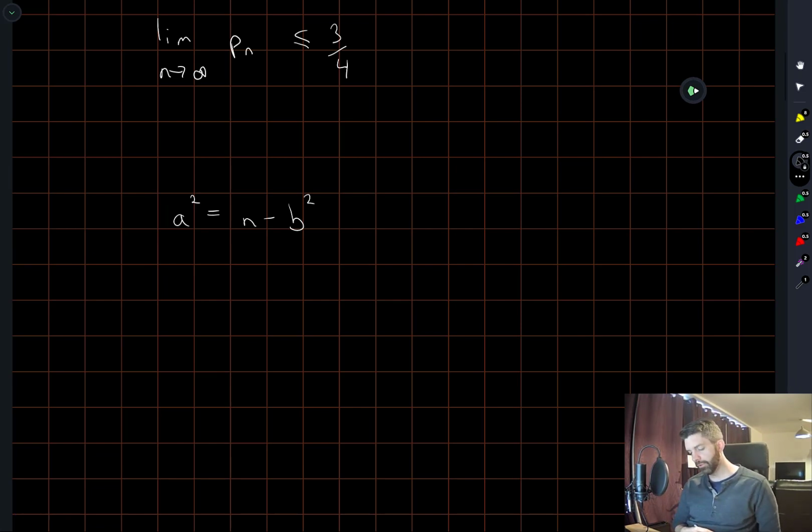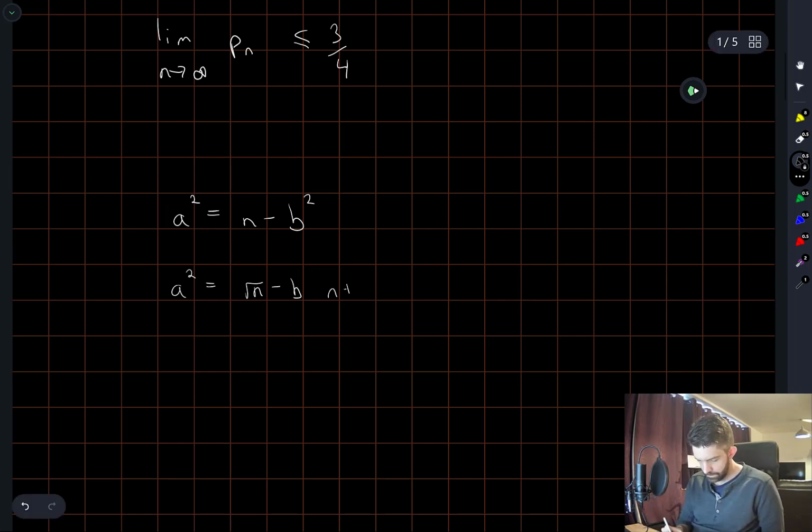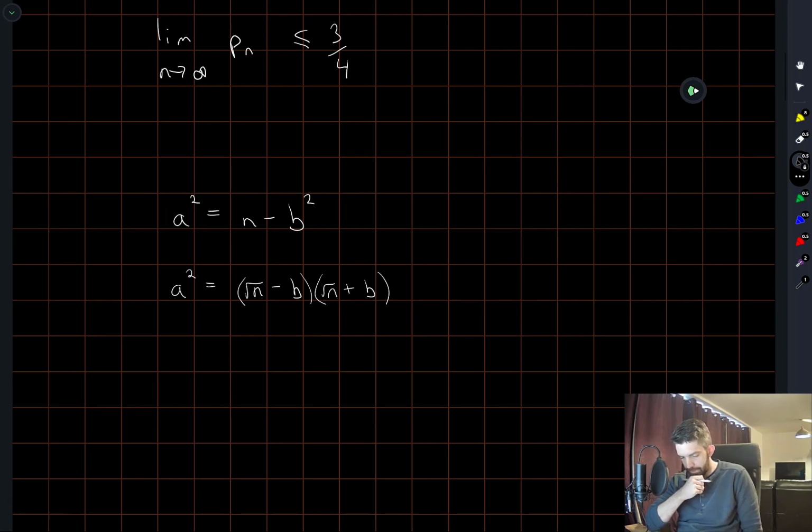Then n minus b squared is itself a perfect square. Even though n may not be a perfect square, I could write this, but that's not going to help us, because if n is not a perfect square, then neither of these two things will be integers.